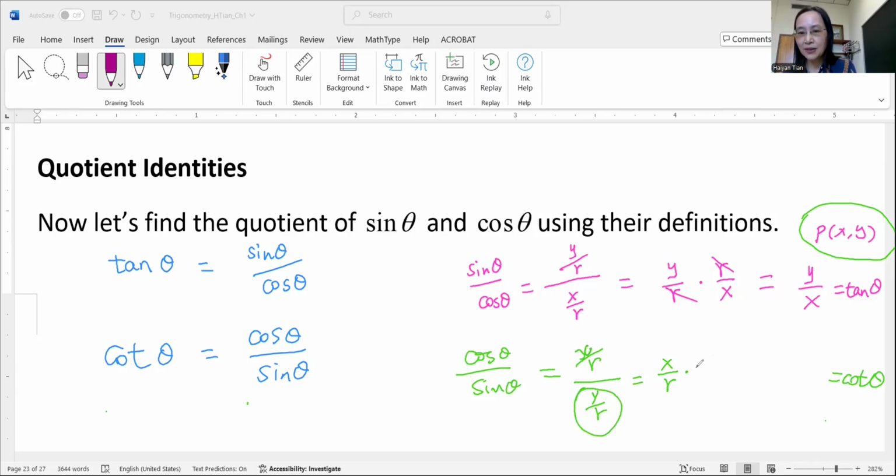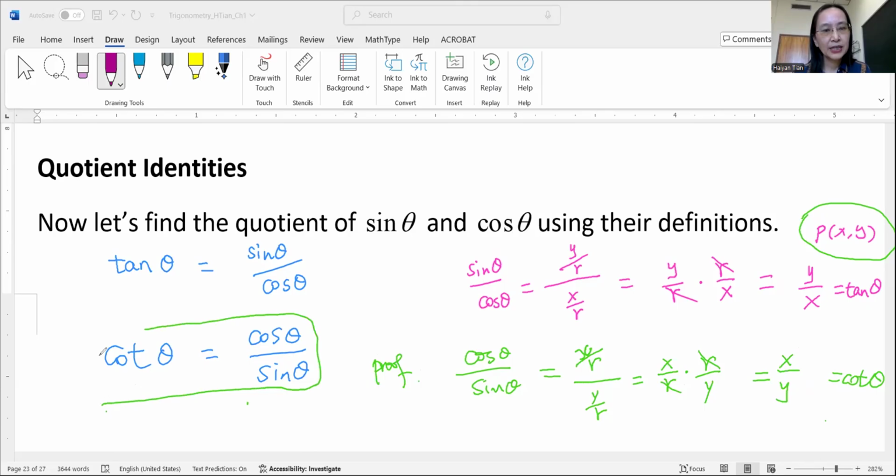When you divide a fraction by another fraction, it's the same as multiplying by the reciprocal of the second. So now dividing by y over r is the same as multiplying by r over y. Now we can continue. Because this r is positive, we cancel, so x over y is left, which is cotangent. So we have proved this. This is a quick proof for this quotient identity.